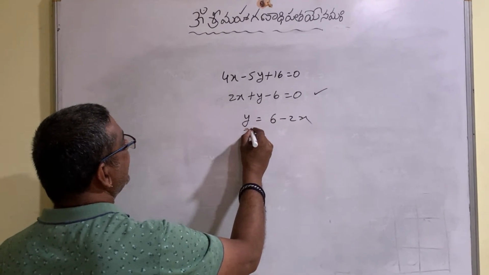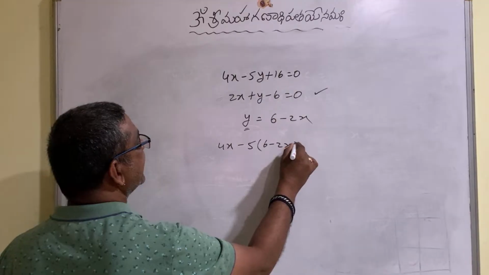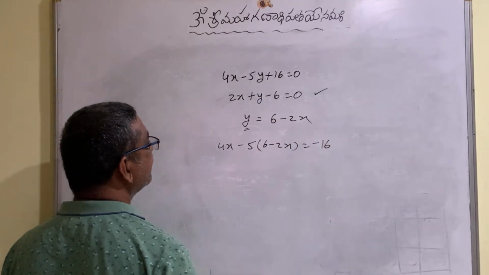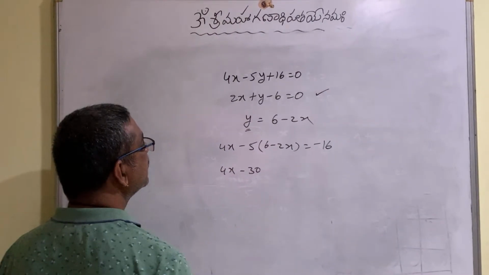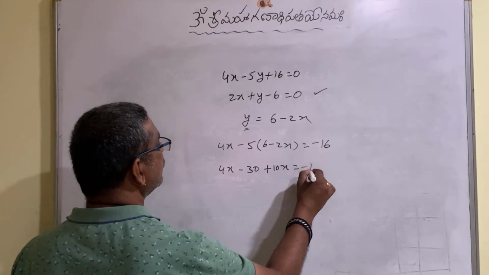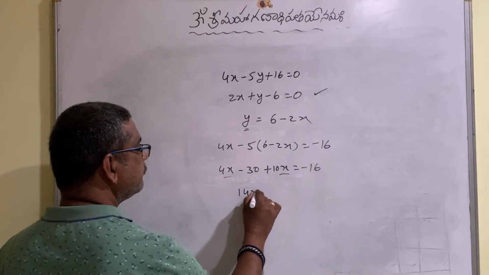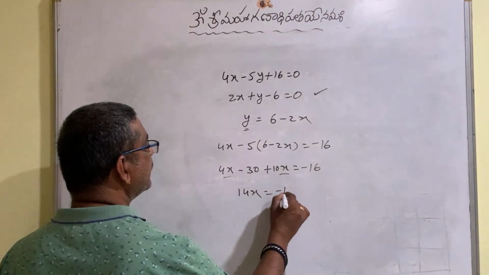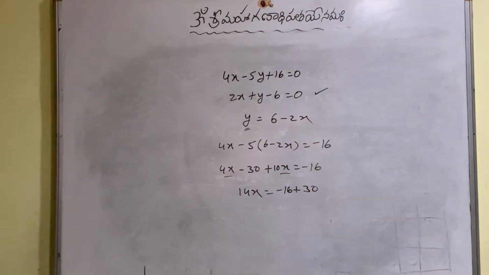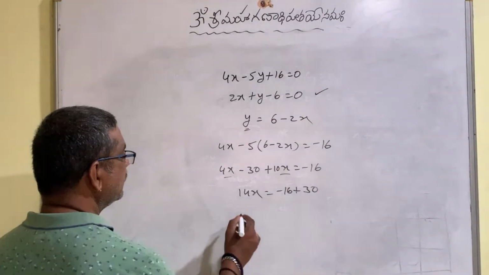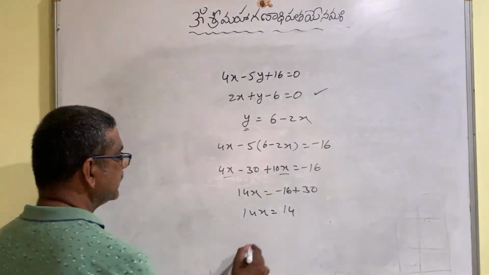Now substitute this y value in the first equation. 4x minus 5 into (6 minus 2x) is equal to negative 16. 4x minus 30 plus 10x is equal to negative 16. 4x plus 10x, 14x is equal to negative 16 plus 30. Now 14x is equal to 14. Then x is equal to 1.